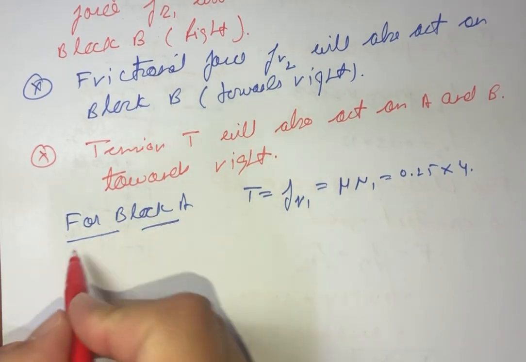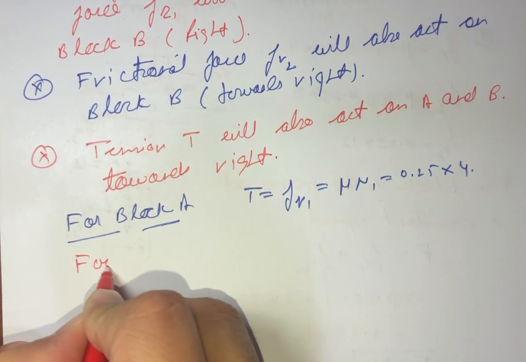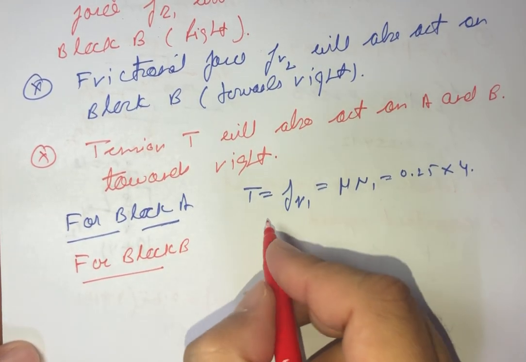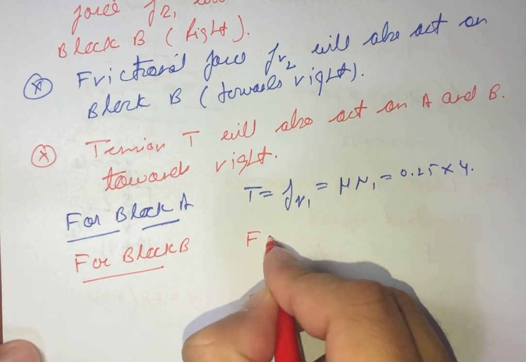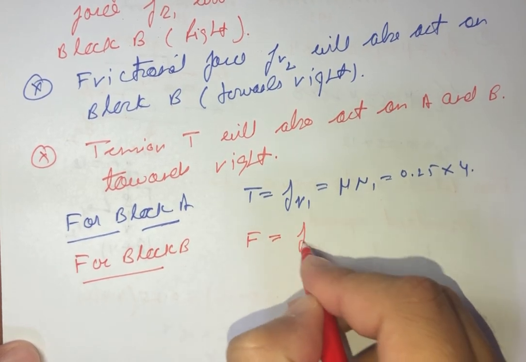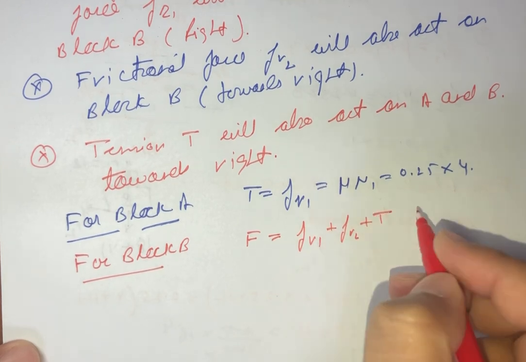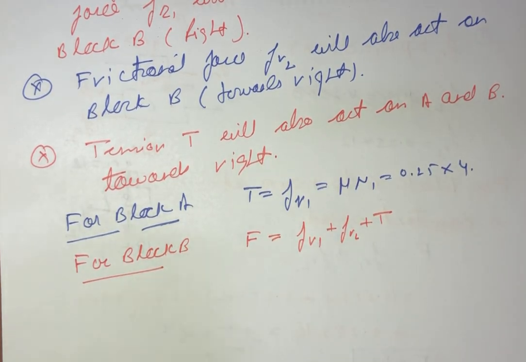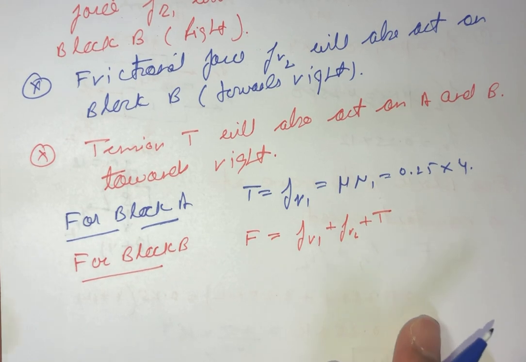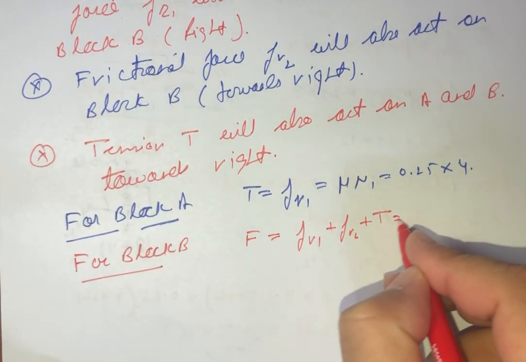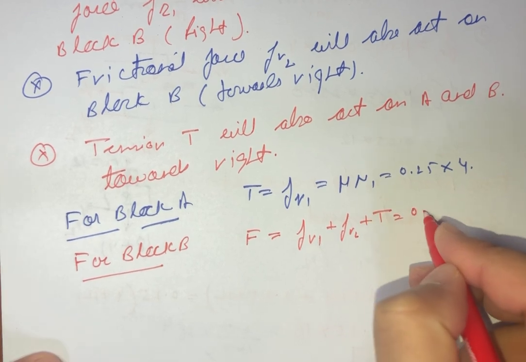And for block B, we have applied force F equal to Fr1 plus Fr2 plus tension T.